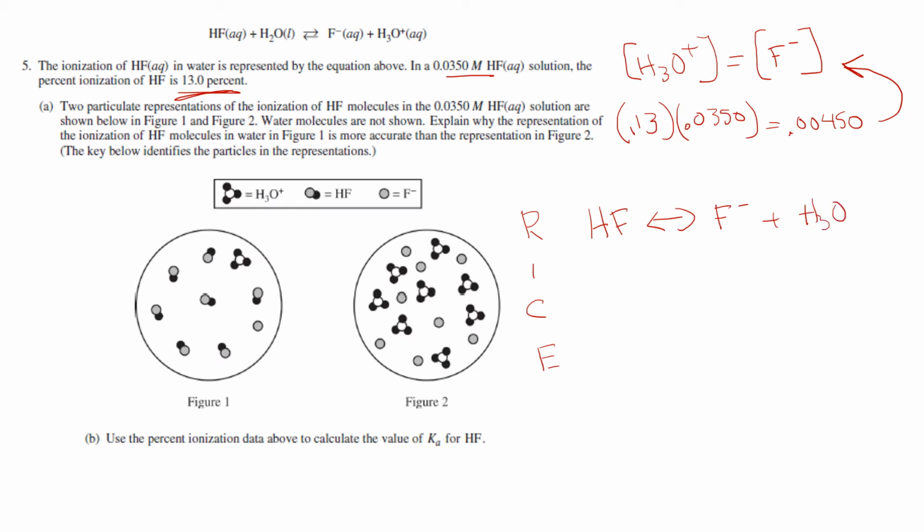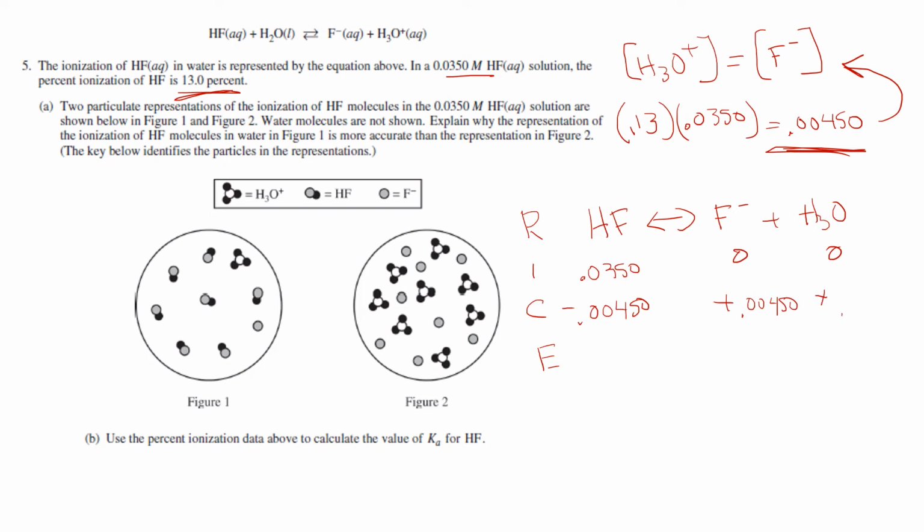Initially, I know that I have a concentration of 0.0350 of my weak acid. I don't have anything dissociated yet. My change is I know I'm going to go down by 13%, and I figured that out right here. So I'm going to go down by 0.00450, which means that both of these are going to go up because the molar relationship is 1 to 1 to 1.